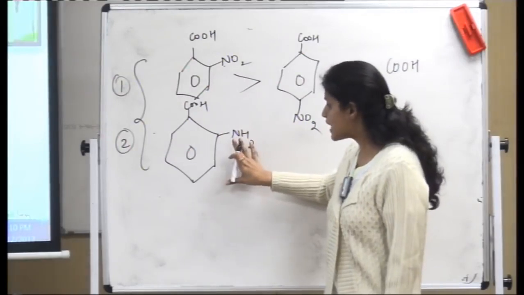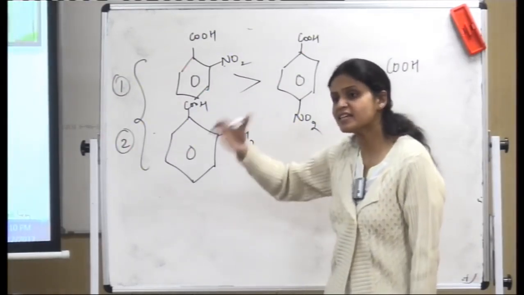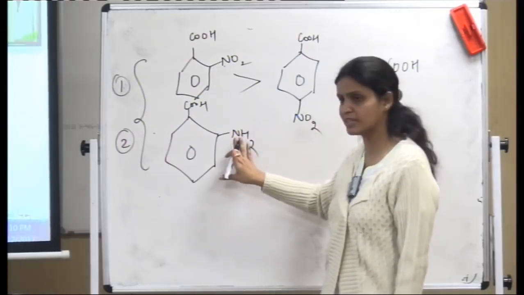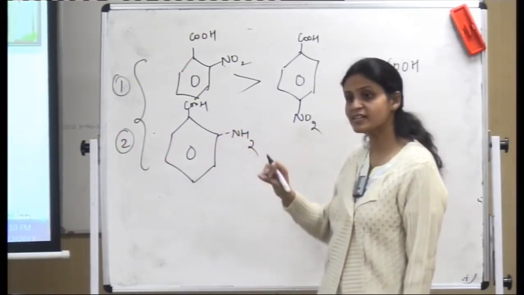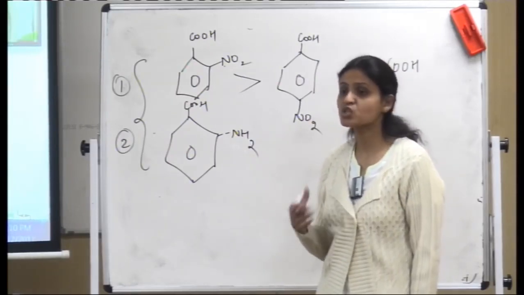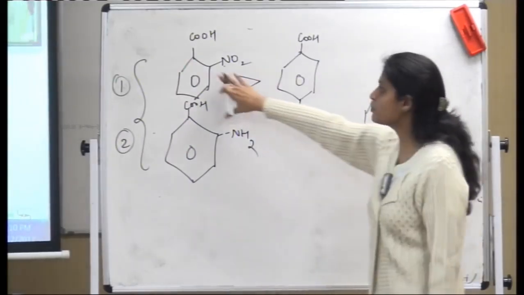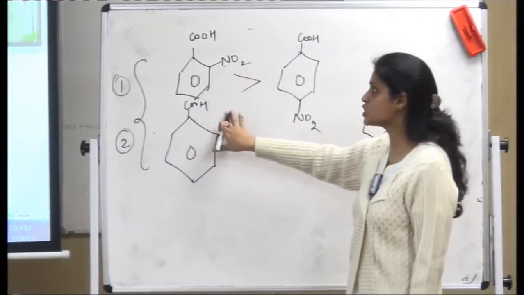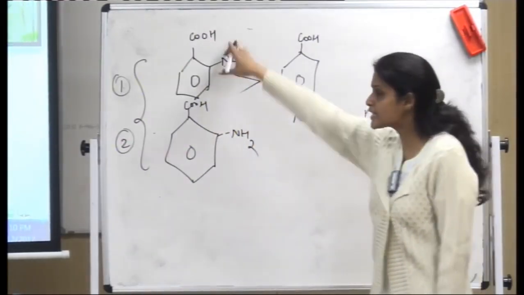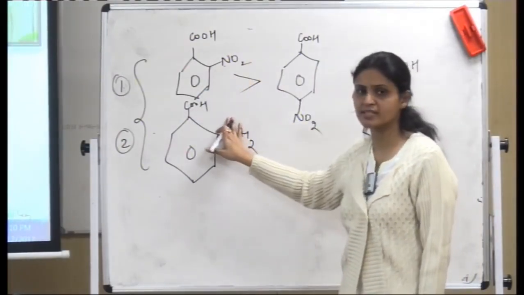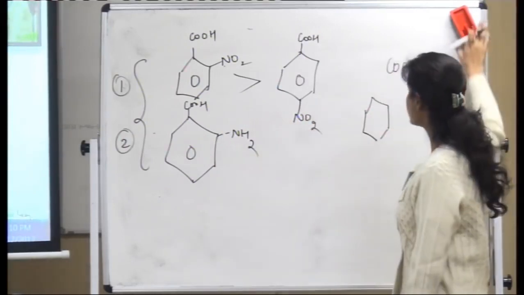If any substitution results in easier dissociation of proton, then that substituent makes it a stronger acid. So if I want to compare this nitro group and amino group substituted at the ortho position to the carboxylic acid, which is the strong acid out of 1 and 2? First one. Why?